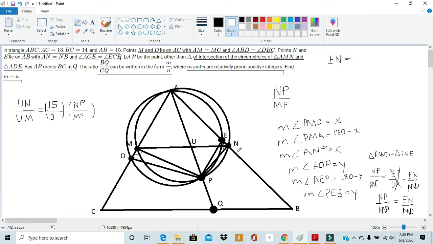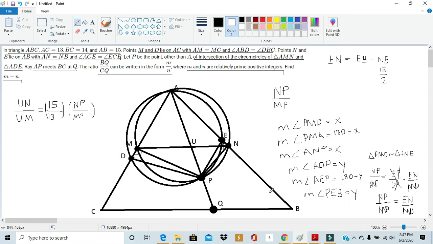EN is just EB minus NB. Now, N is the midpoint of side AB, so NB has half the length of side AB. So since AB is 15, NB, as we previously established, is 15 over 2. But to find out what EB is, we have to use angle bisector theorem, which basically states that this part divided by this part is equal to BC divided by AC. So essentially, EB is going to be BC over BC plus AC times AB.